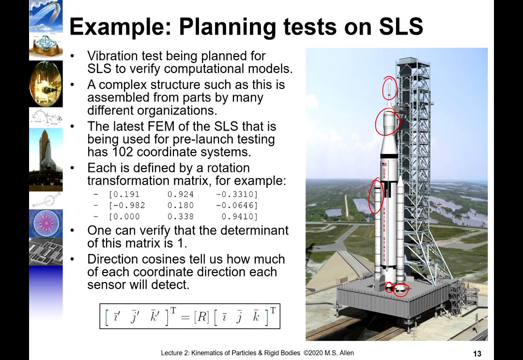And so when you put a computer model together for this whole thing, there end up being like 100 different coordinate systems. And even within each component, you might have one cylindrical coordinate system at one point, and another one at another point.